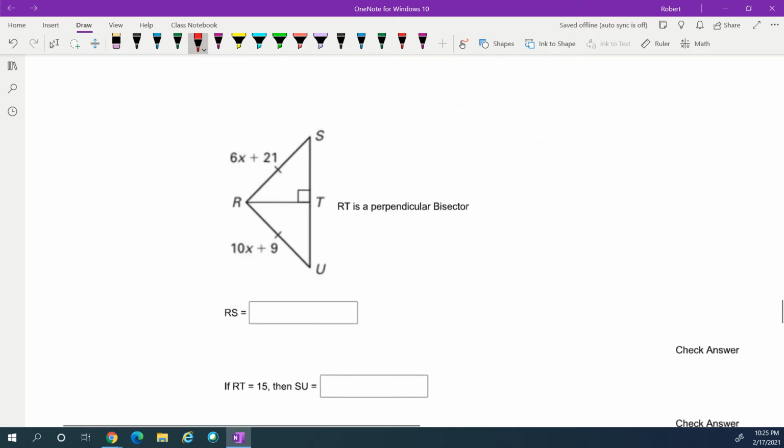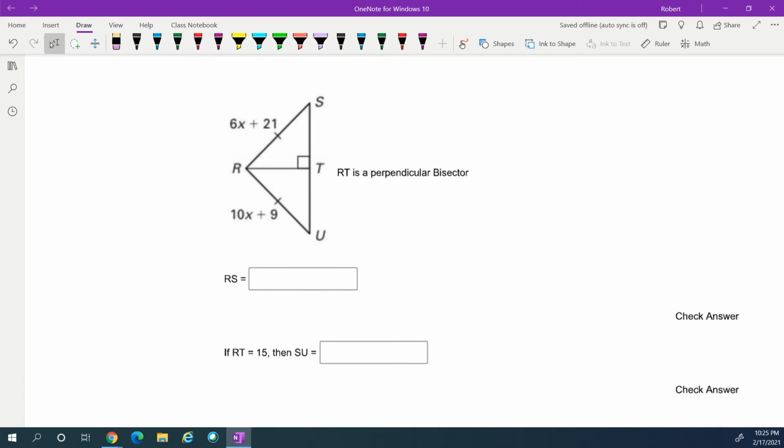Let's keep going here. You can see this is basically the same question over and over. The segments are actually marked congruent. So 6x plus 21 equals 10x plus 9.